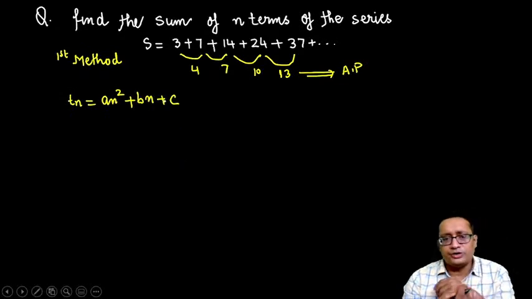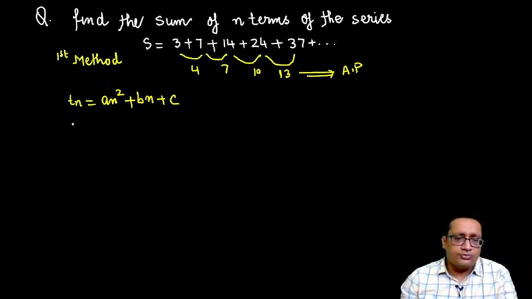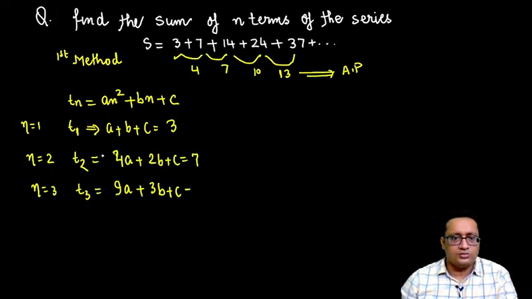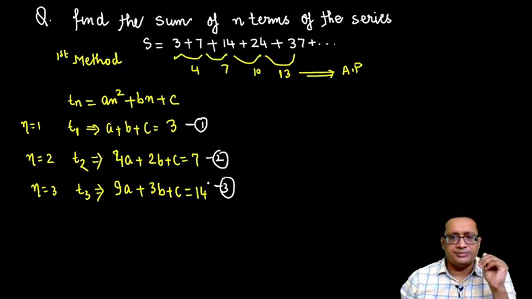We need to calculate these variables. So I am placing n is equal to 1, the first term, which is a plus b plus c, then n is equal to 2 and 3. There are 3 variables a, b and c.